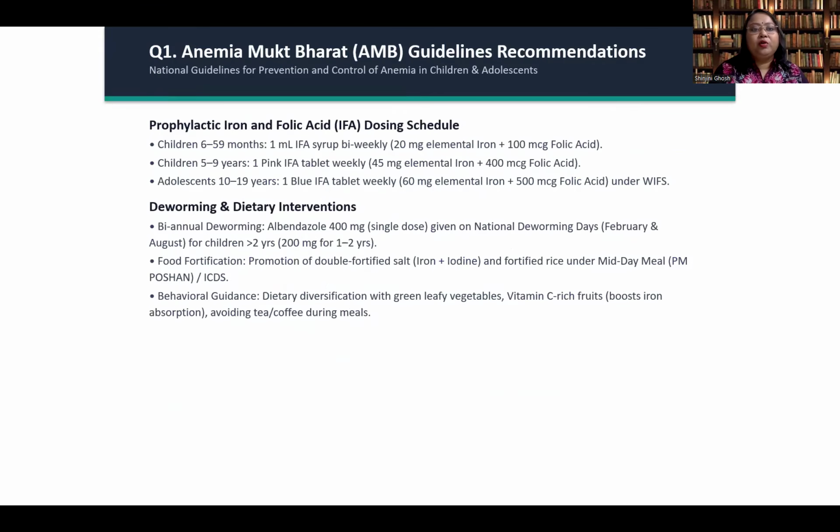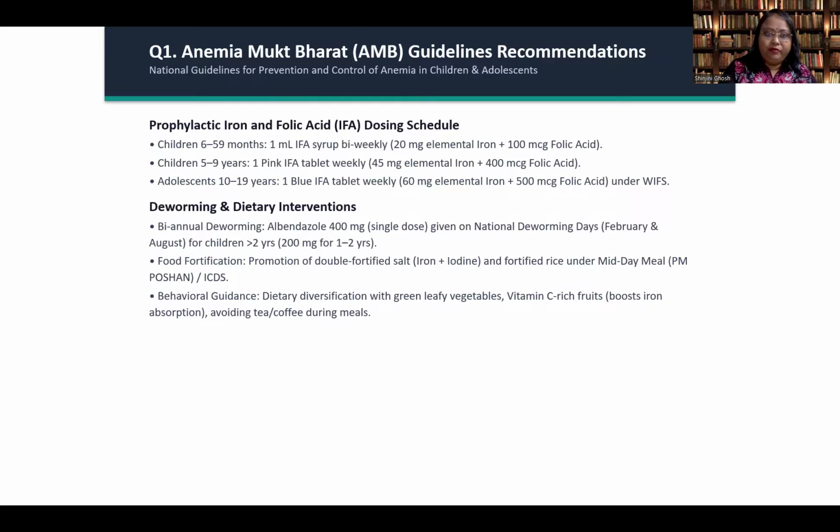Okay. Now, Anemia Mukt Bharat, it is mainly for that reason this next part of the question is given. So, prophylactic iron and folic acid dosing schedule. Some of my students have written the answer. I don't know why they have given the dose of pregnancy, pregnant women taking iron and folic acid.